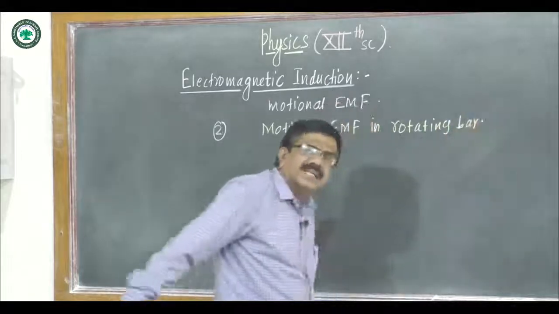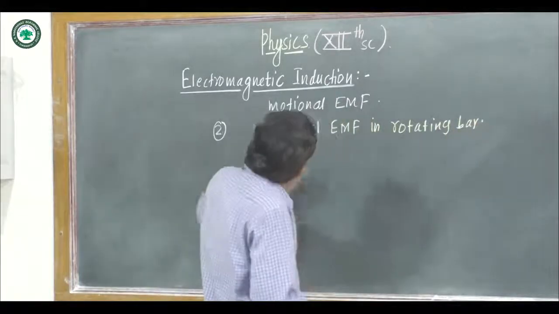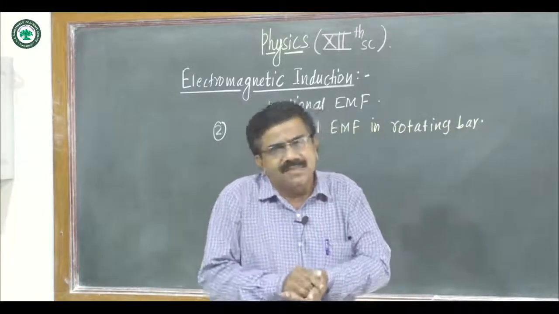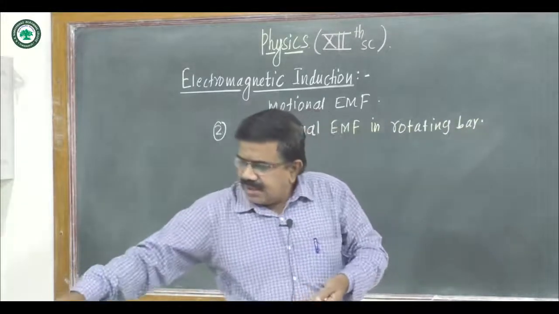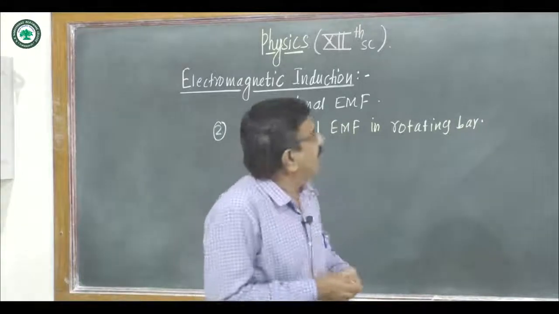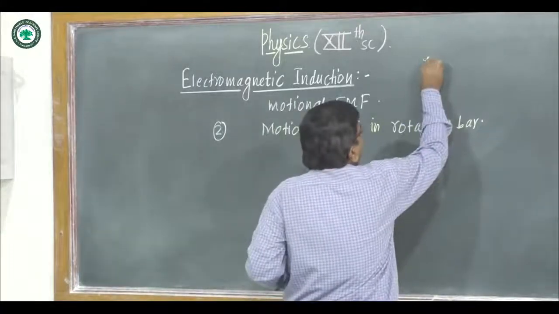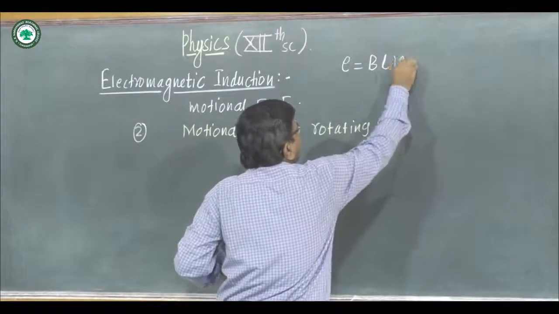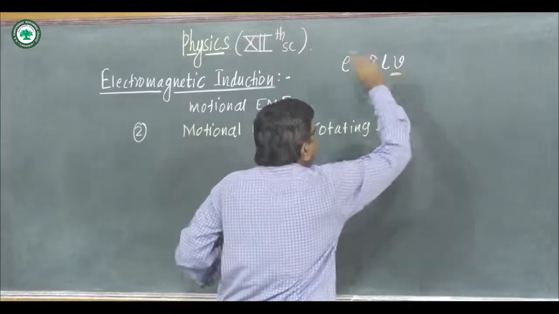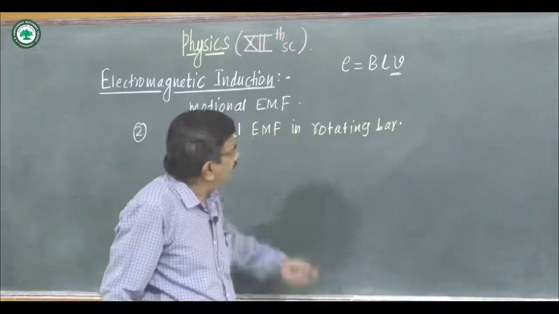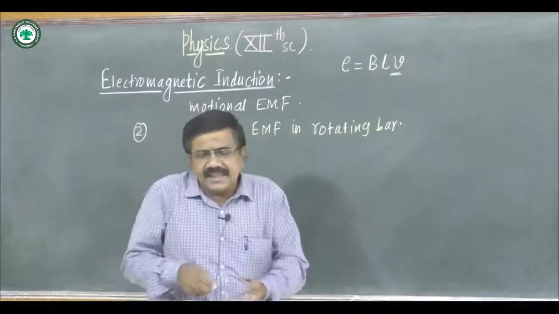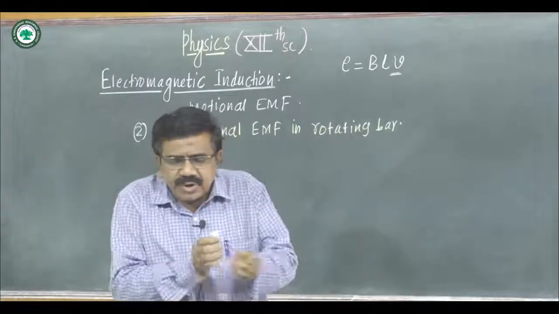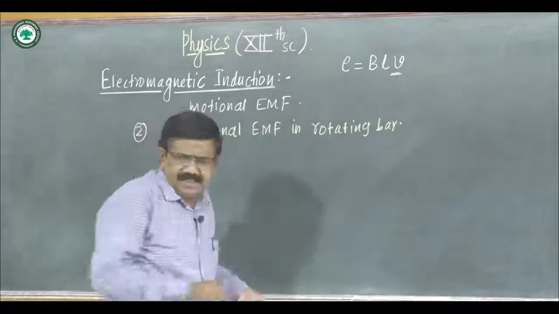This bar is a conducting bar. Motional EMF in a rotating bar, that is motional EMF in a rotating conducting bar. In motional EMF of conductor, we know E equal to BLV. L is the length of conductor, V is the velocity of conductor, and B is the magnetic field, that is the magnetic induction. Now here we study the motional EMF in rotating bar.